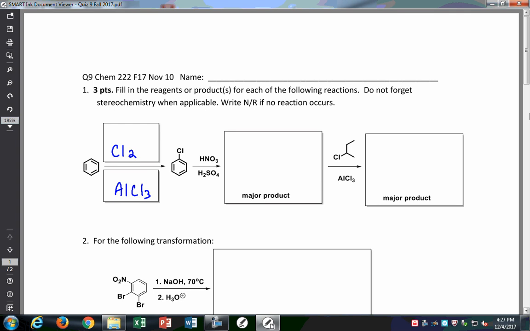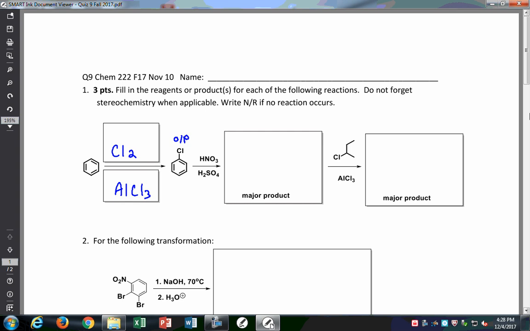Then our next step, we have our chlorine. Our chlorine is now an ortho-para director, though it does make the reaction go slower. It is a deactivator, but because of the extra resonance structures, because chlorine does have lone pairs that it can push into the ring in our resonance complex, it is ortho-para directed.